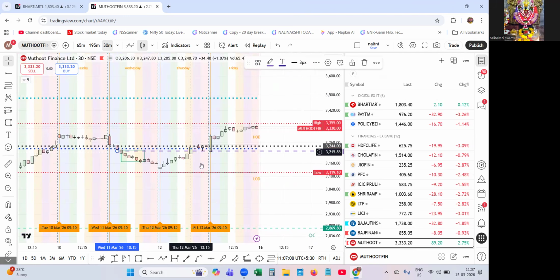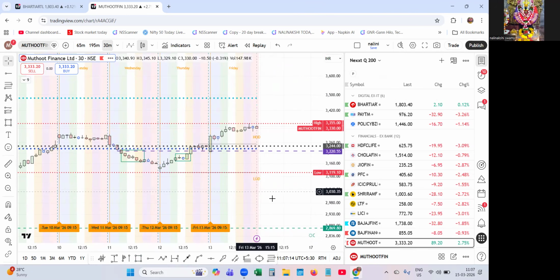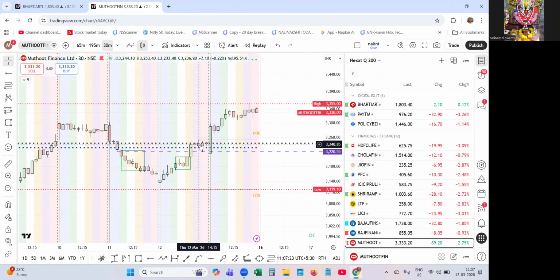Next day, this is the consolidation. On Thursday last hour, the final range breakout, you can see the structure so beautifully. Range breakout, and then it is a continuation.